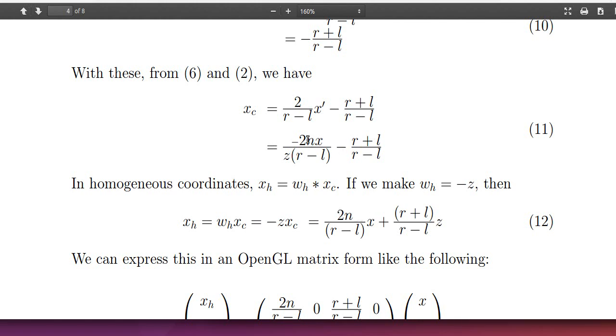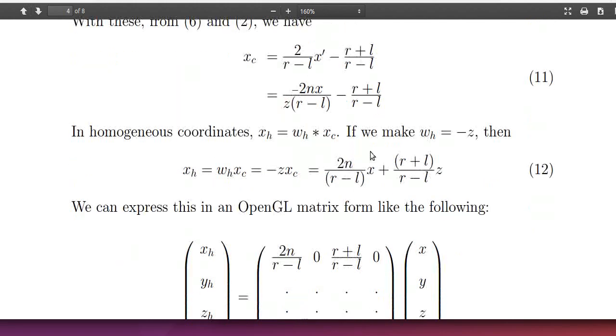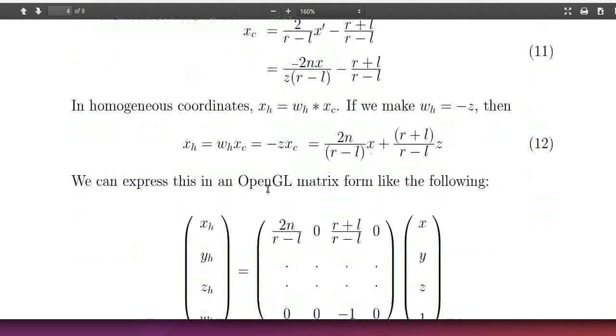The negative c cancels, so we have 2n over r minus l times x, and then plus, because this term times negative c becomes positive, I have a z here. And now we can express this in an OpenGL matrix form, like the following.